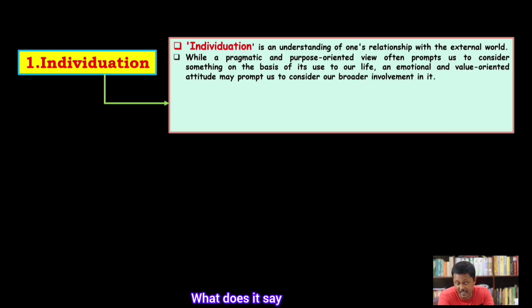What does it say? It says maybe there is pragmatism. If something is very pragmatic, it can give you something on the basis of its use to your life. But significantly, an emotional and value oriented attitude may give you a broader involvement in it.